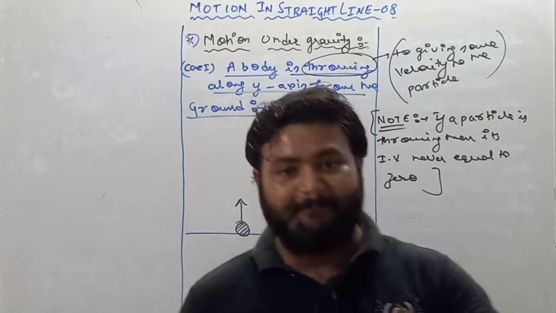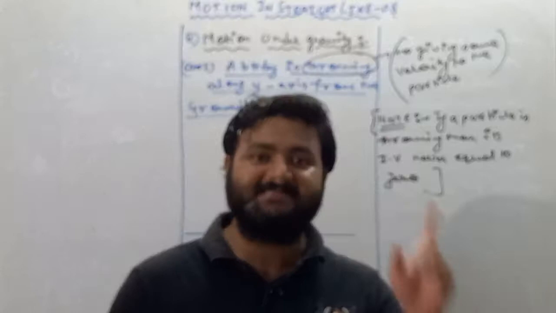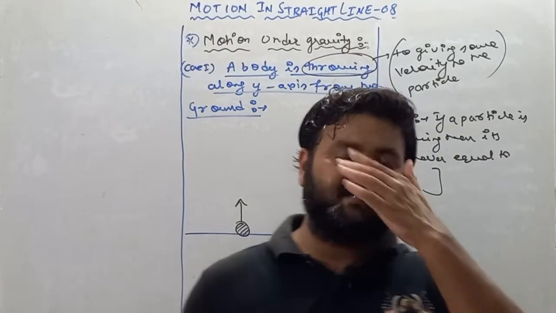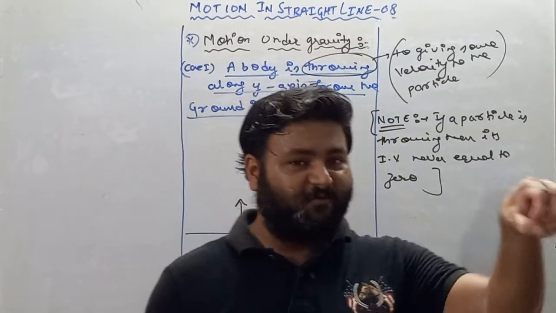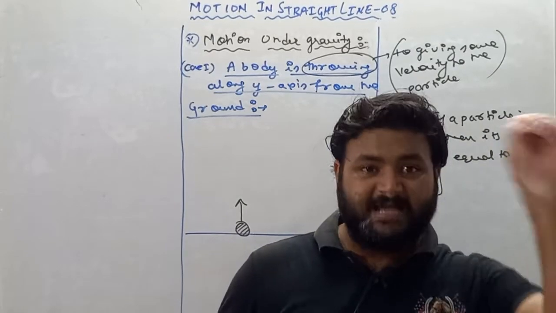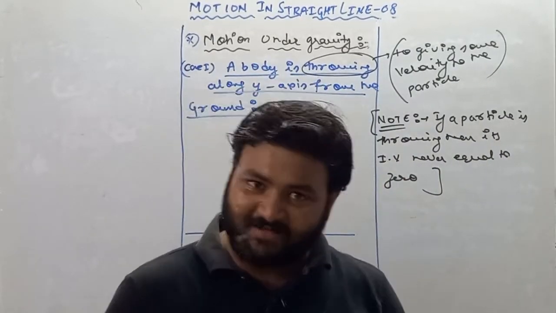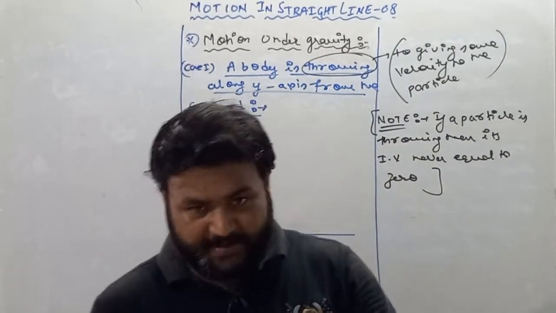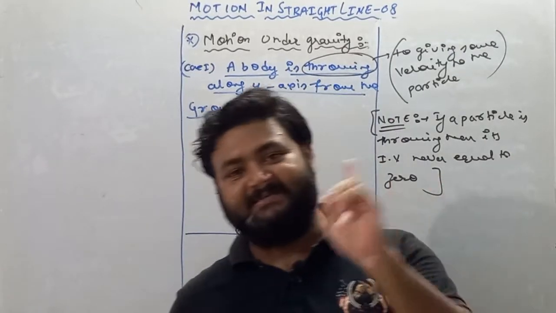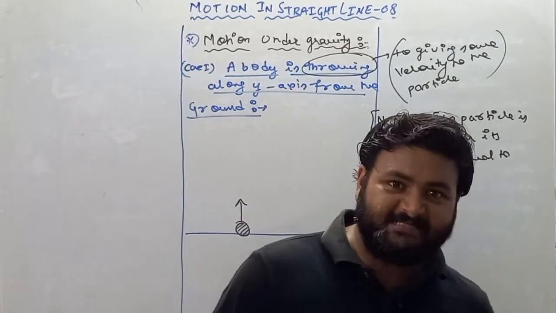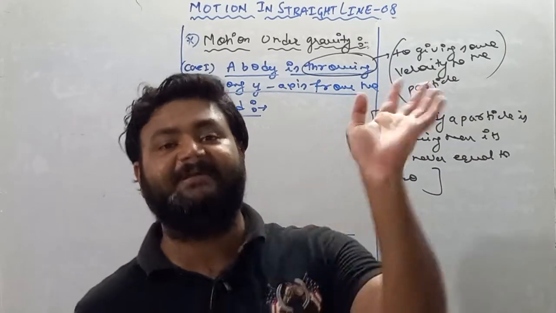And if you are dropping any particle, in that case the initial velocity is always considered to be 0, because for dropping we cannot give any velocity to the particle. That's why if a particle is dropped, remember initial velocity equals 0.